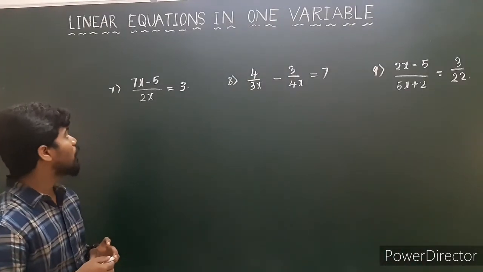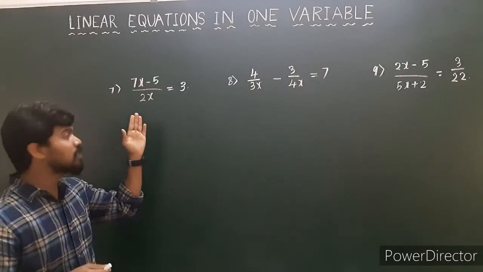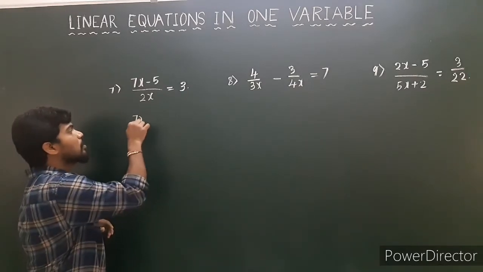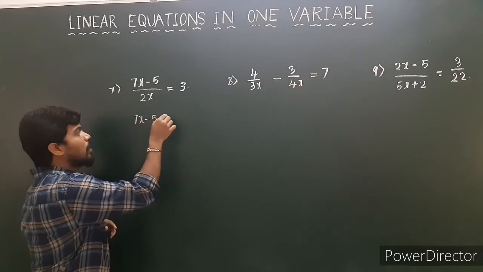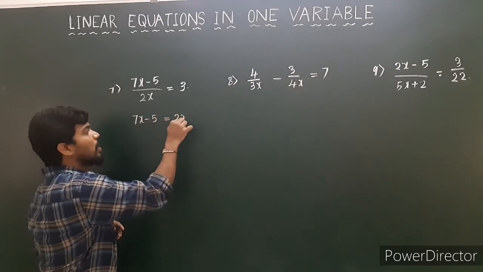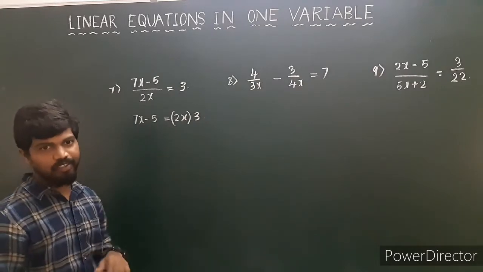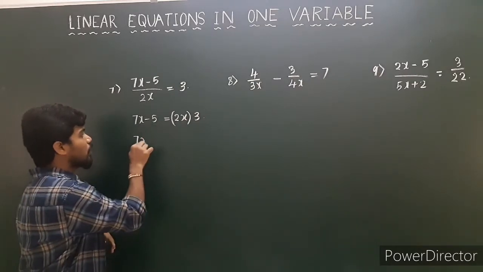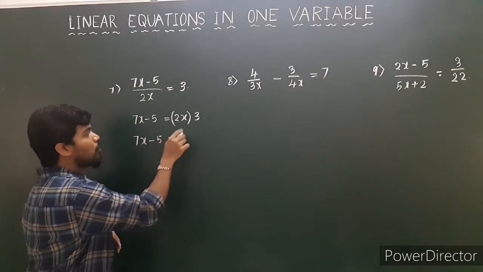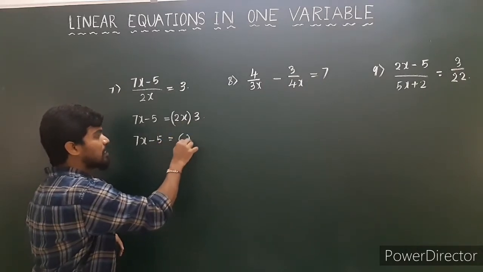Okay, first you go through the cross multiplication in this problem. So 7x minus 5 equal to 2x into 3, or 3 into 2x. So 7x minus 5 equal to 3 2s are 6x.